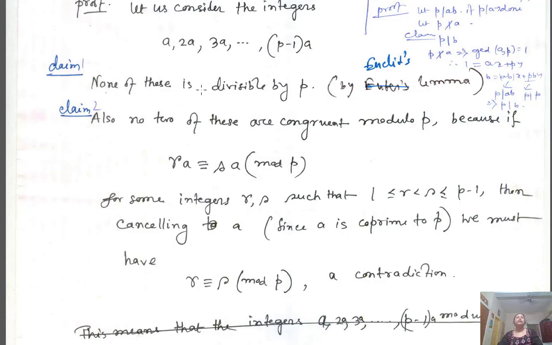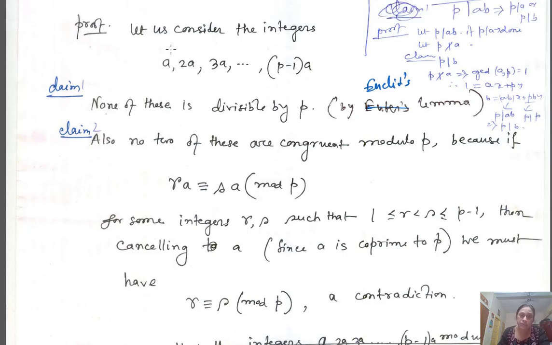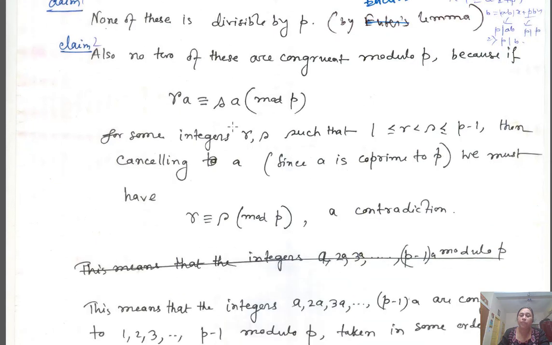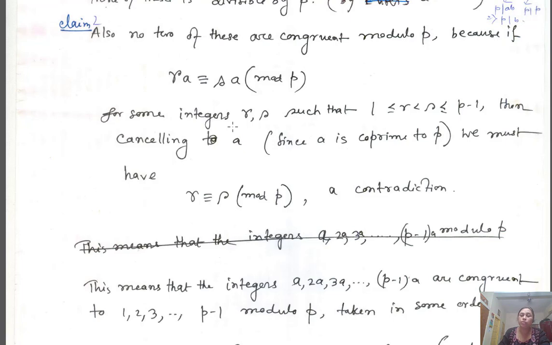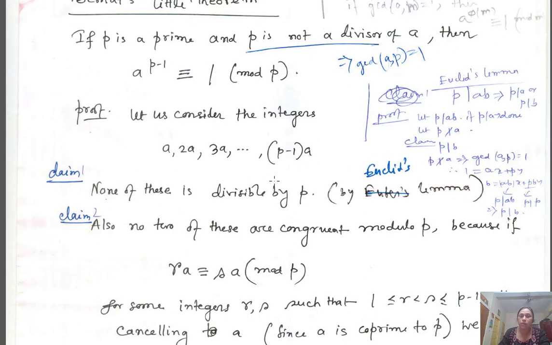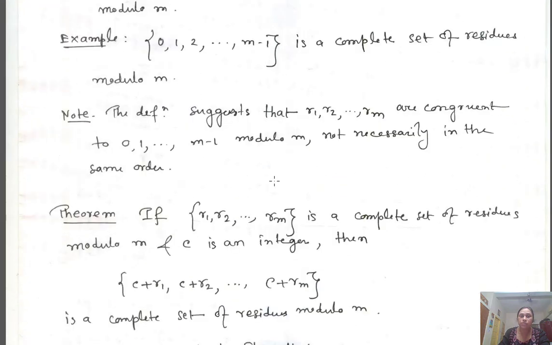So essentially we have shown that if you consider this set A, twice A, thrice A, up to P minus 1 times A, this actually forms a complete set of residues modulo P. Actually, it's not a complete set of residues modulo P, because 0 is not included. A complete set of residues modulo P means 0 is also included.